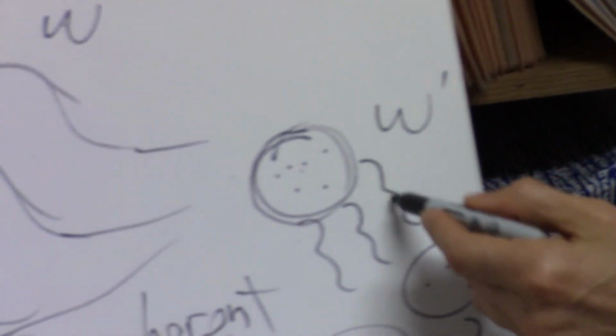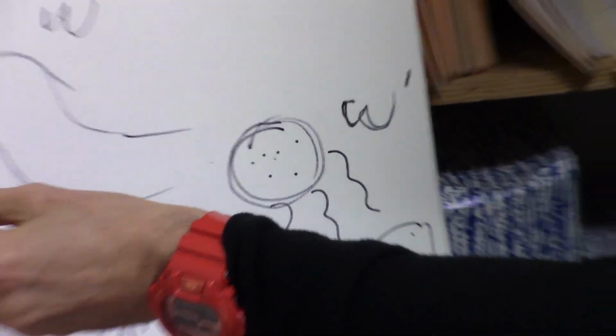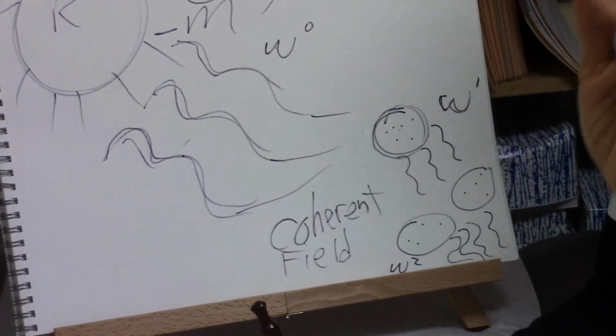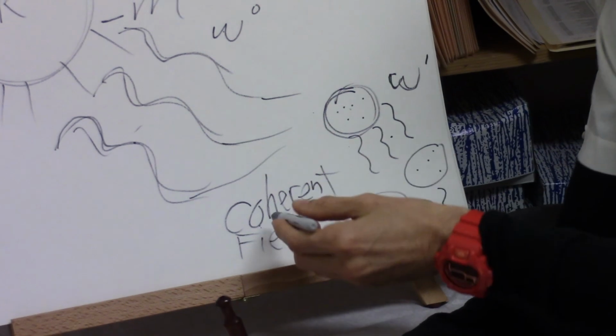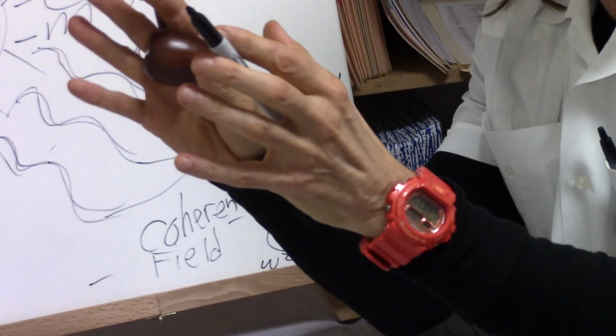This new waveform right here, we'll call it W1. What's happening is this waveform is now converting to this waveform. We call that a coherent field. One waveform is merging into another waveform, creating a different waveform.